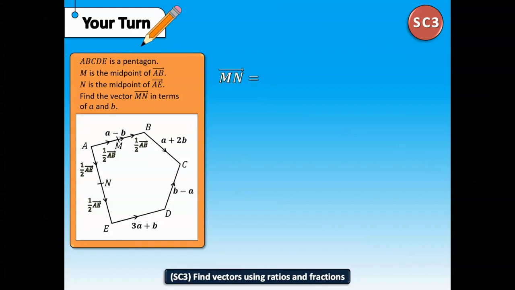So we want to go from M to N. So we can go from M to A, and then from A to N. MA is a half of BA, and AN is a half of AE.